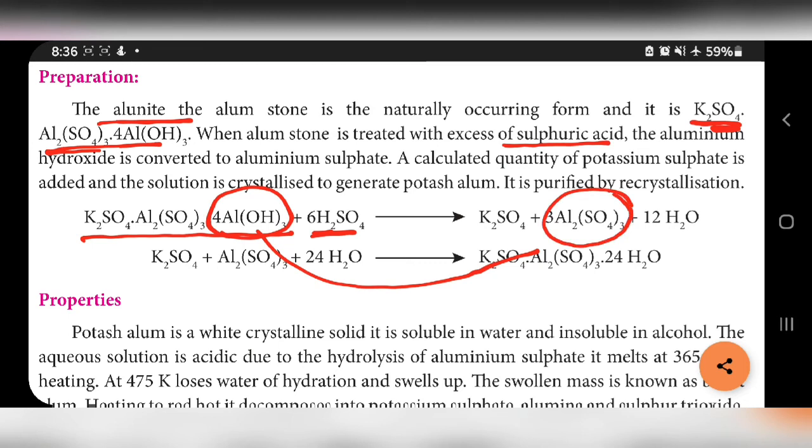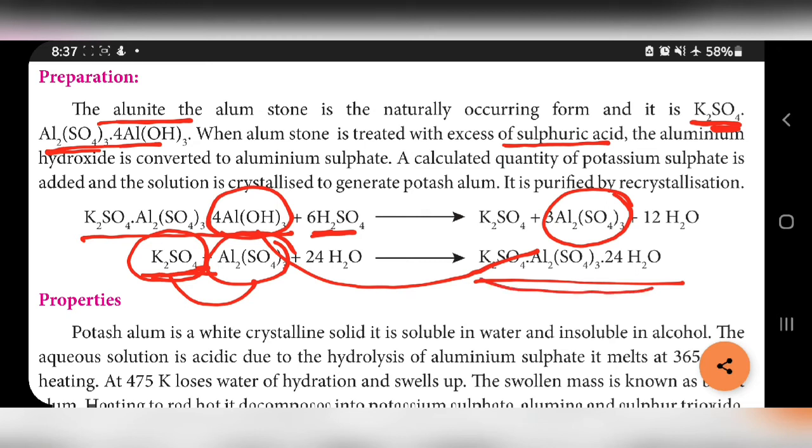A calculated quantity of potassium sulfate is added and the solution is crystallized. The calculated amount of potassium sulfate is added to the solution, that aluminum sulfate combines with this and forms alum, that is K2SO4 Al2(SO4)3 dot 24H2O. This is the preparation of alum.